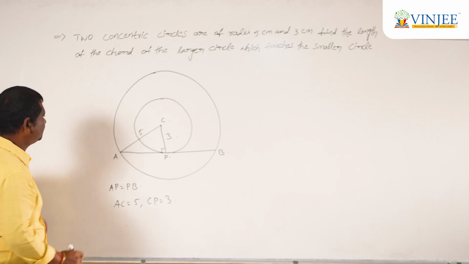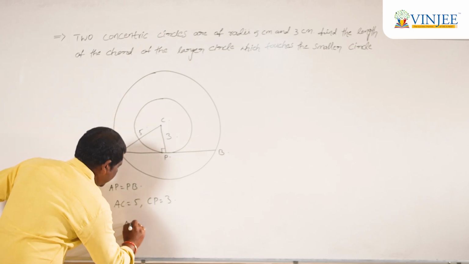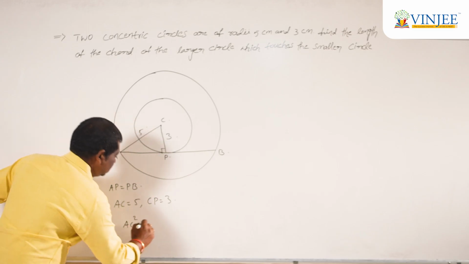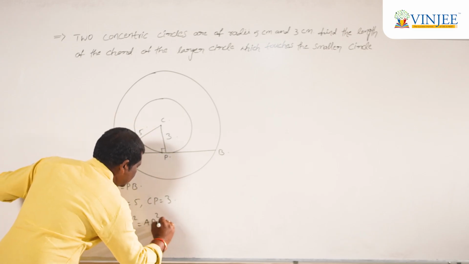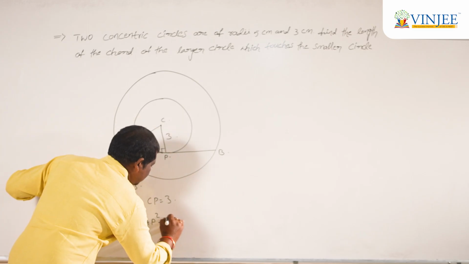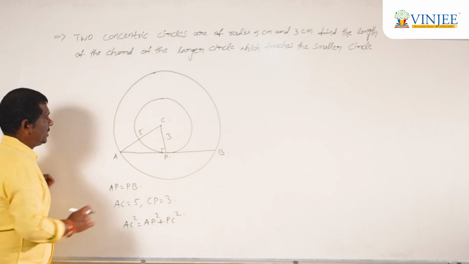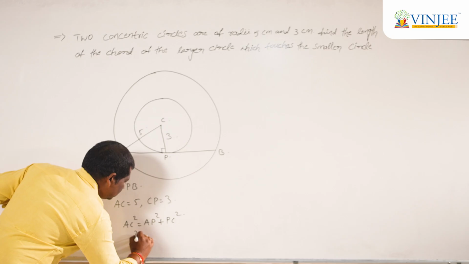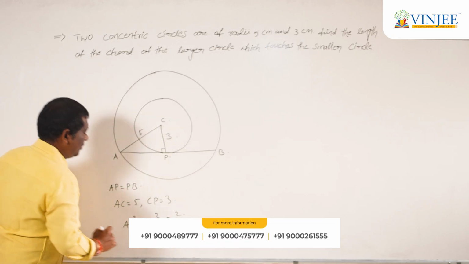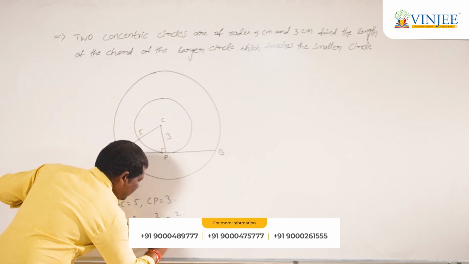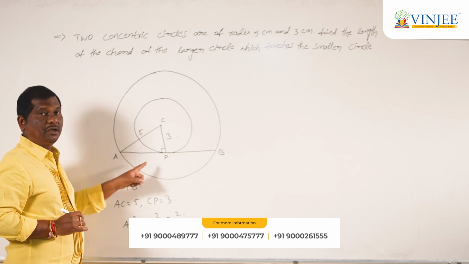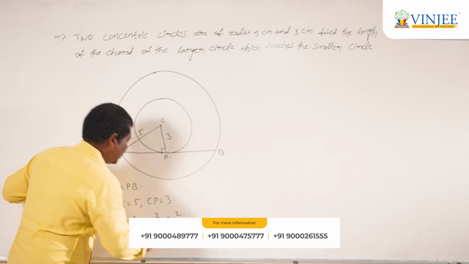Therefore here AC square should be equal to AP square plus PC square. AC square means 5 square equal to AP square, we don't know that value, we have to find out that value, plus PC square, that means 3 square.